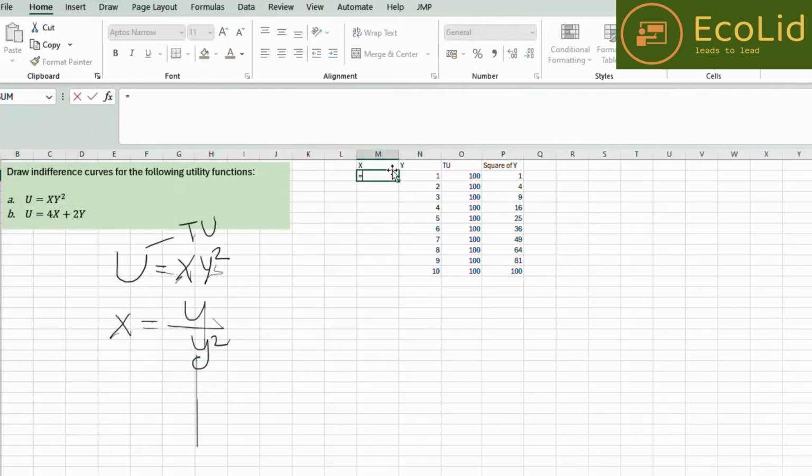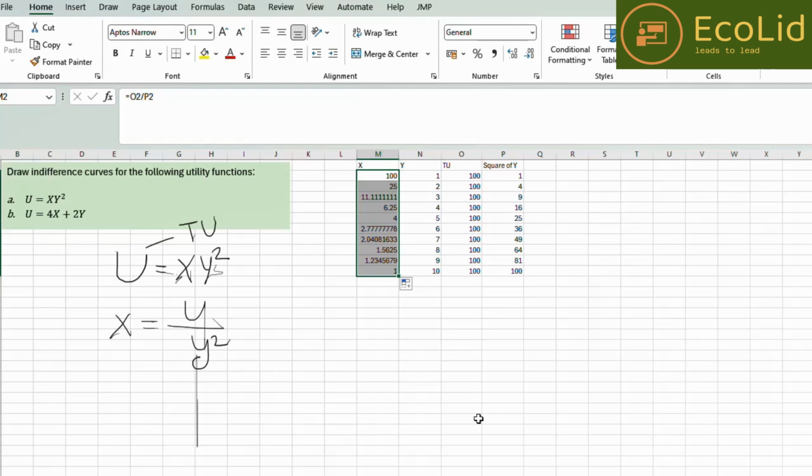So it will be equal to total utility divided by the square of y. So for the first combination, we will have 100 units of x and 1 unit of y. Now if we drag the quantity of x that is given in the first row, then we will have the values of x for the rest of the commodity combinations. In this example, we will consider only values to 2 decimal places. So now we have generated all the values of x and y.